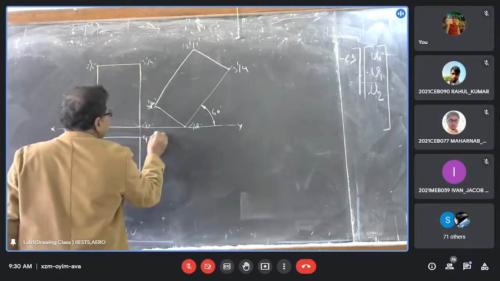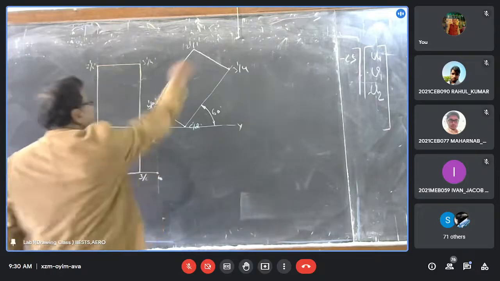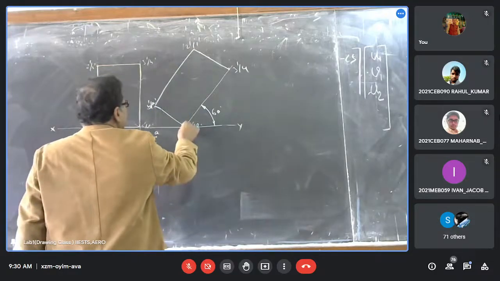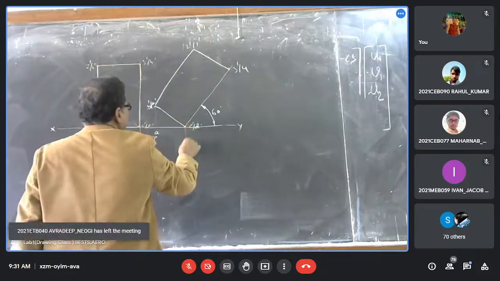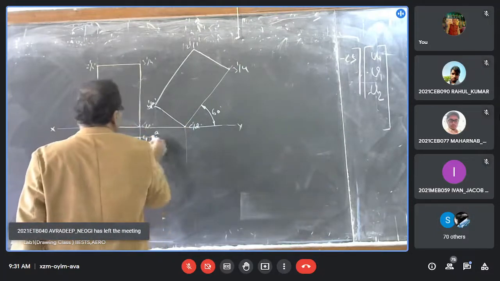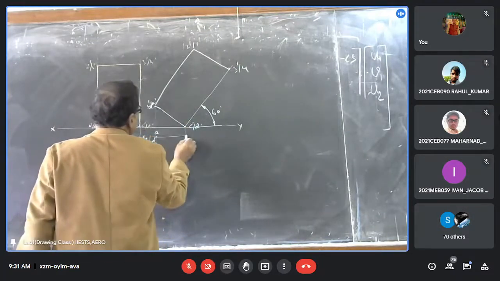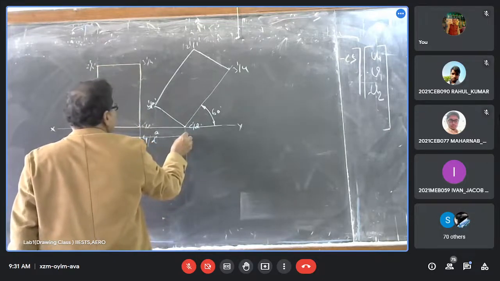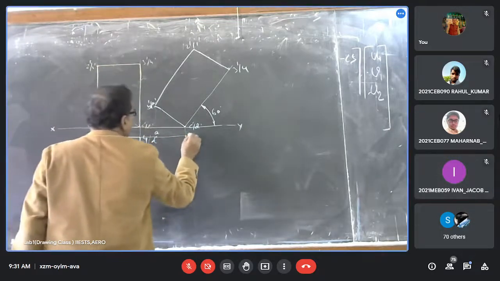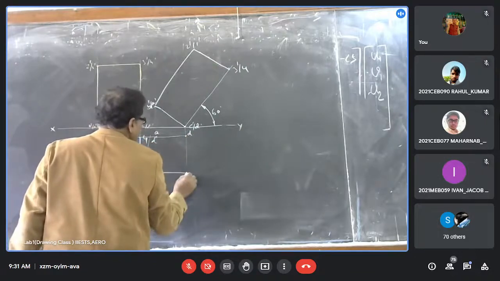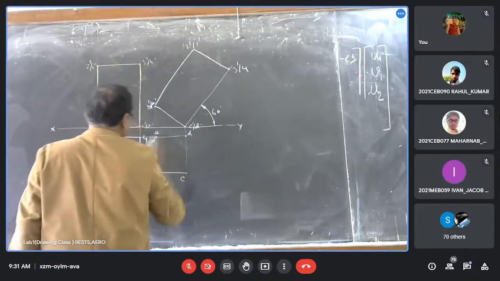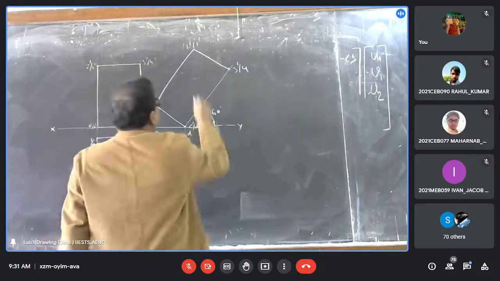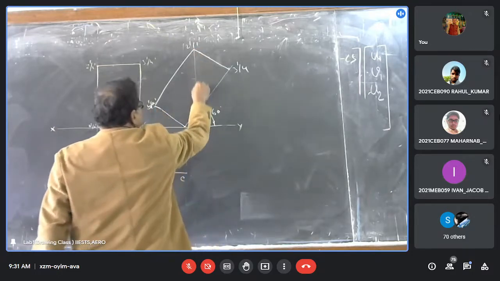This is A. Then from this line, draw a projection and here it is coming a point. What point is this one? D. What is this? C.